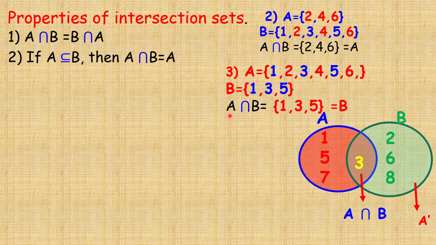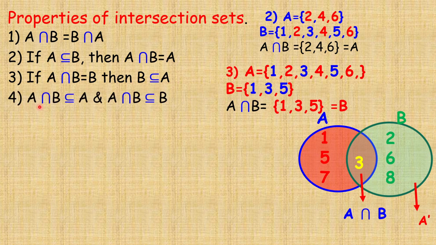So the elements of A intersection B are 1, 3, 5, which is equal to set B. So the third property is: if A intersection B is equal to set B, then B is a subset of set A. Fourth property. A intersection B is a subset of set A, and A intersection B is a subset of set B.